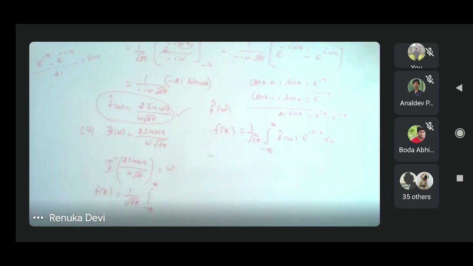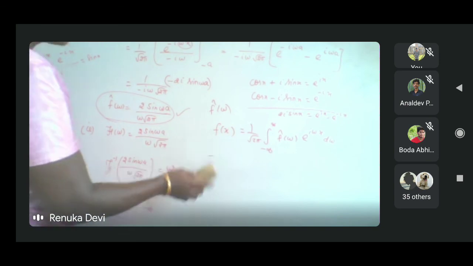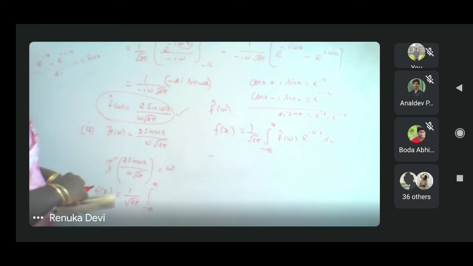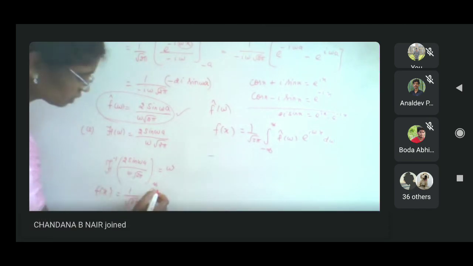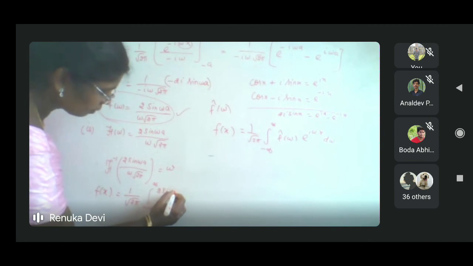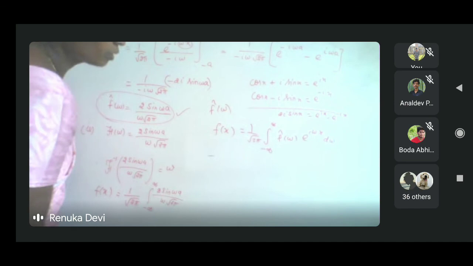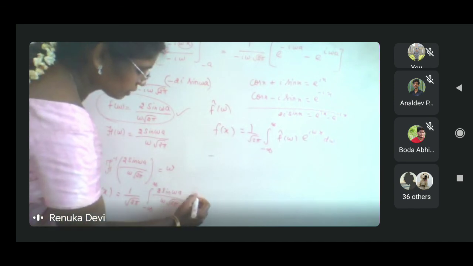What is your f of x? f of x is equal to 1 by root 2 pi, integral from minus infinity to infinity of f cap, that is 2 sine WA by W into root 2 pi, e power iWx dW.